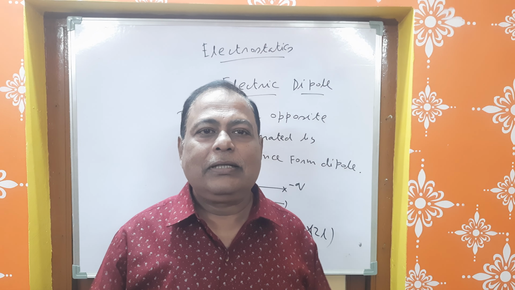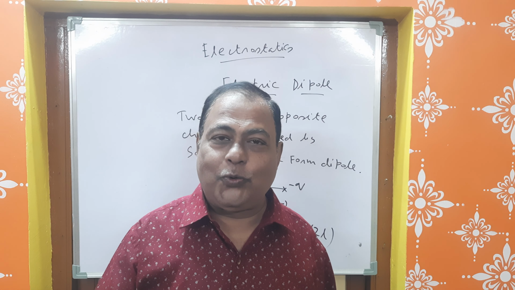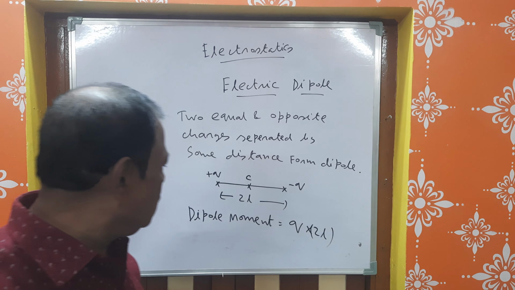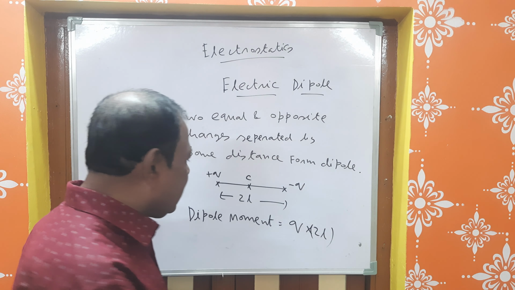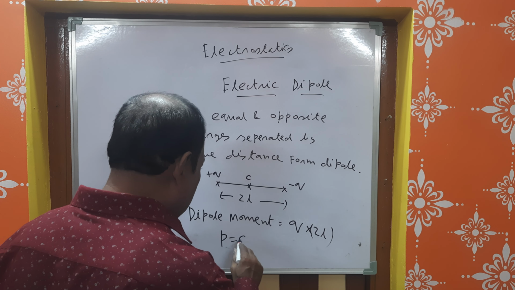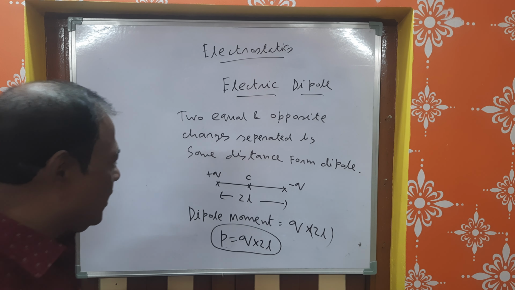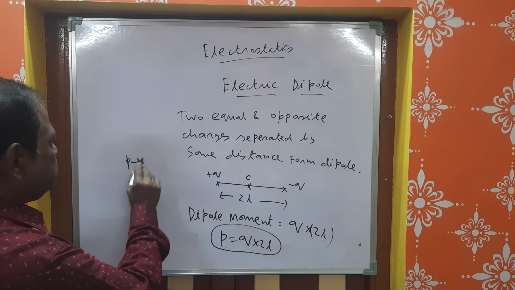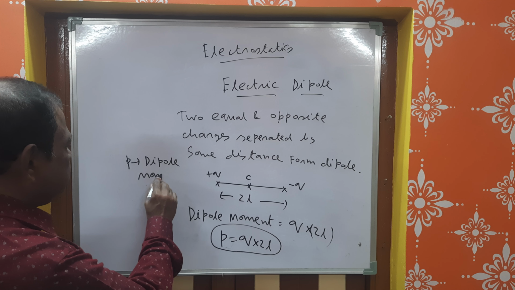Suppose the distance is 2 meters; you don't take 2 into 2, you take 2 as 2l. So this is called dipole moment. It is represented by the symbol p. p is equal to q into 2l, called dipole moment.